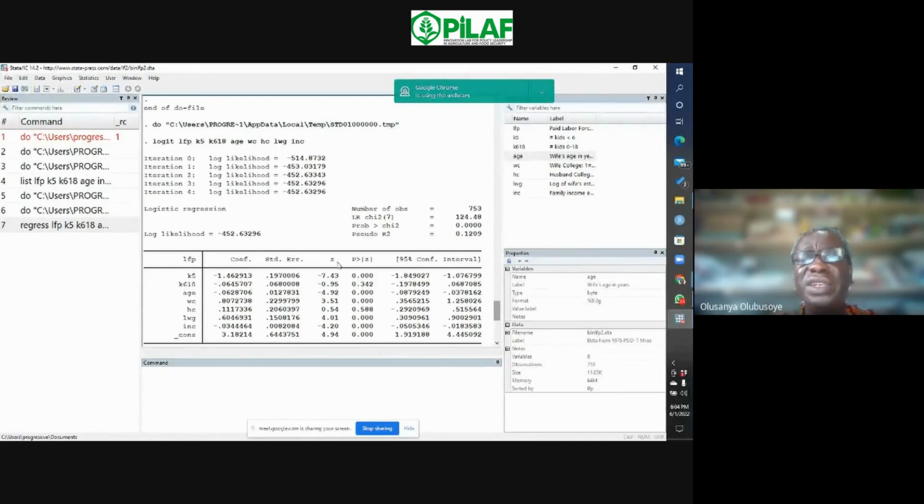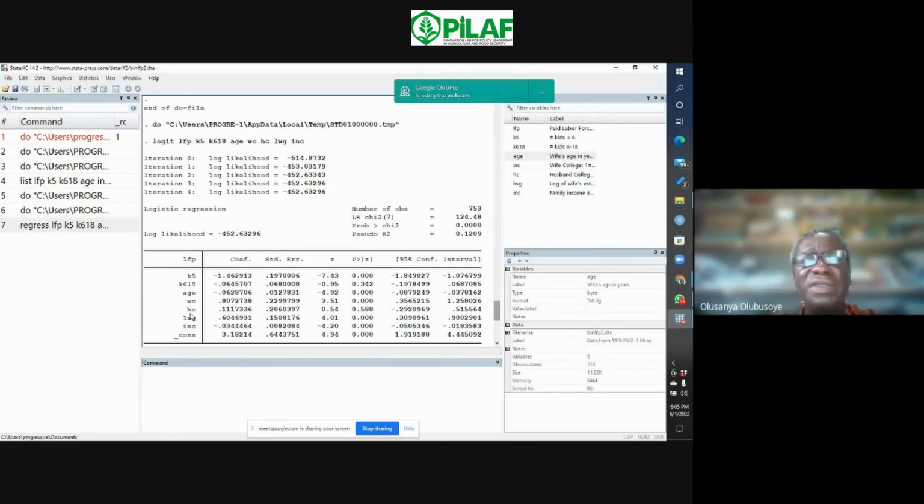But individually, this is what this probability helps to do. So jointly, they can influence, but individually, some may not influence. Take, for instance, this one is not very significant. Women having children between 6 and 18 is not very significant in affecting the probability of a woman participating in labor force.